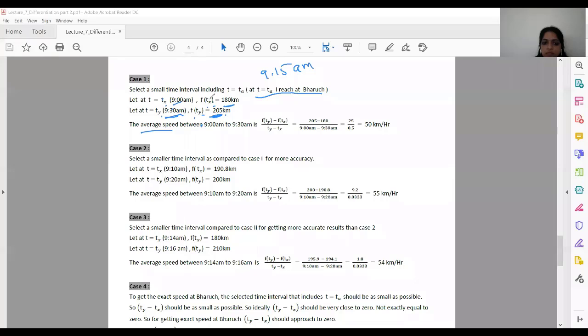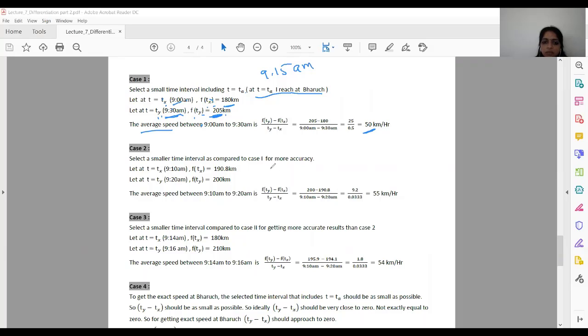Here tx is a time and f of tx is the covered distance at that time tx, ty is another time, and f of ty is the total distance covered at time ty. By substituting all these four values in this formula and simplifying, we get the answer 50 kilometers per hour.